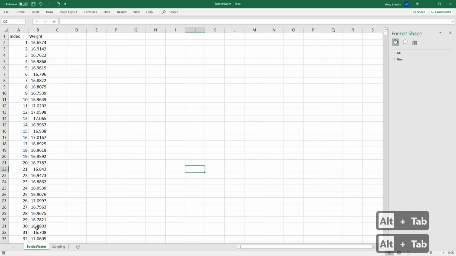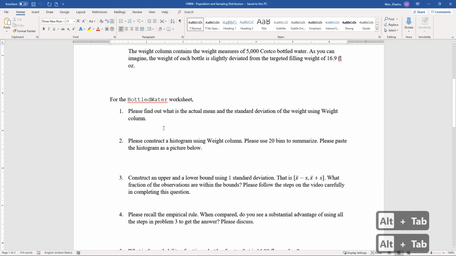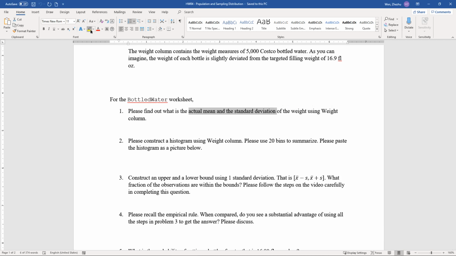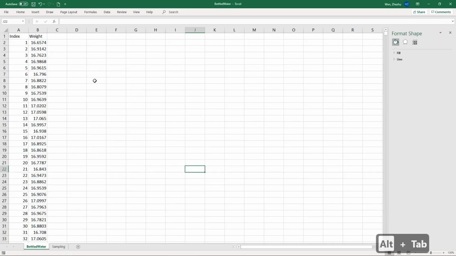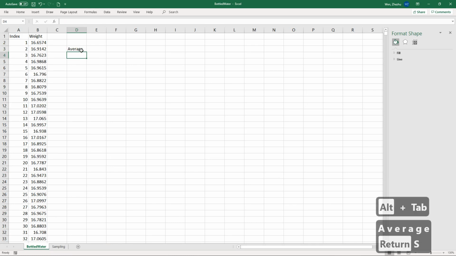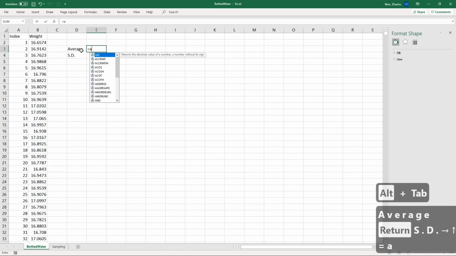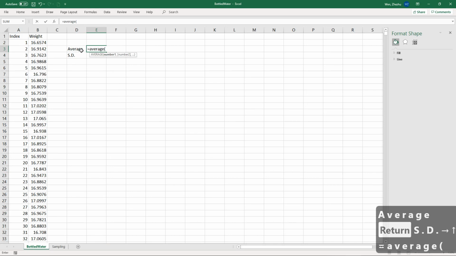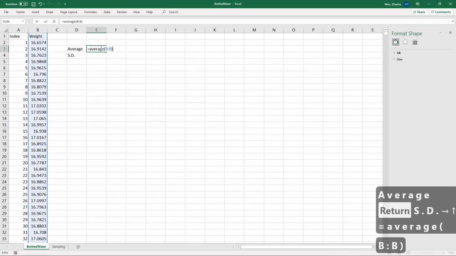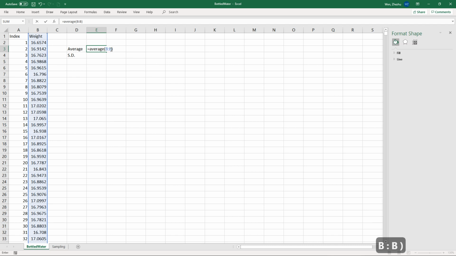Let's talk about the first worksheet, which is bottled water. In the first question, you're required to find the actual mean and the standard deviation. For this, things will not be that difficult. All you need to do is basically use the average and the standard deviation functions. We all know the function for the average. You just do B to B. B to B only works when you are summarizing a particular column that doesn't have anything but the numbers that you want.